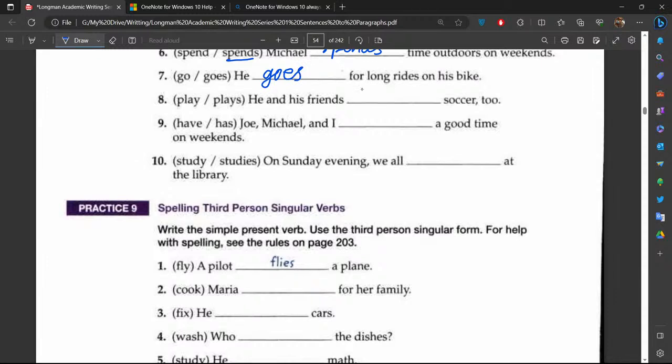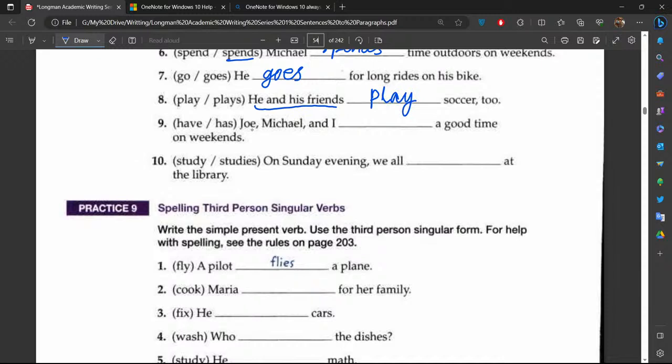He and his friends. So he and his friends as a subject, it is a plural. There is one he and then his friends, so more than one person is here. So it is a plural form, and it would use play. He and his friends play soccer too.